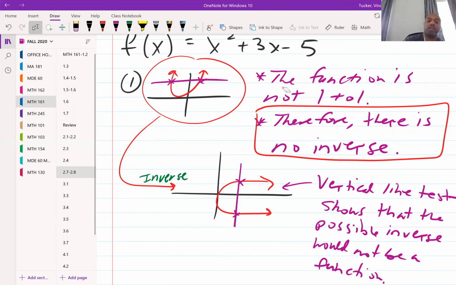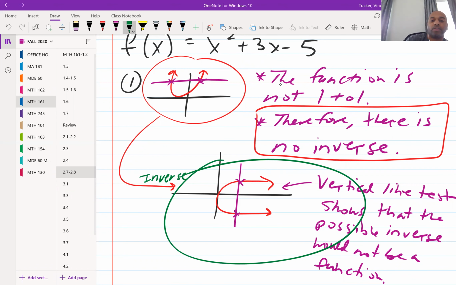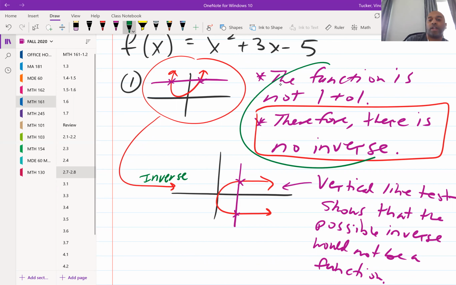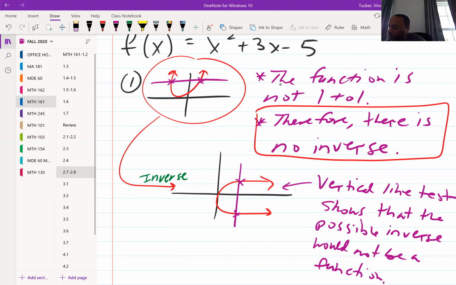So once again, this extra stuff you don't necessarily have to lean on that much. The main thing is right here: if the function is not one-to-one, if it fails the horizontal line test, then there is no inverse. Questions on that one before we look at the last one for today?